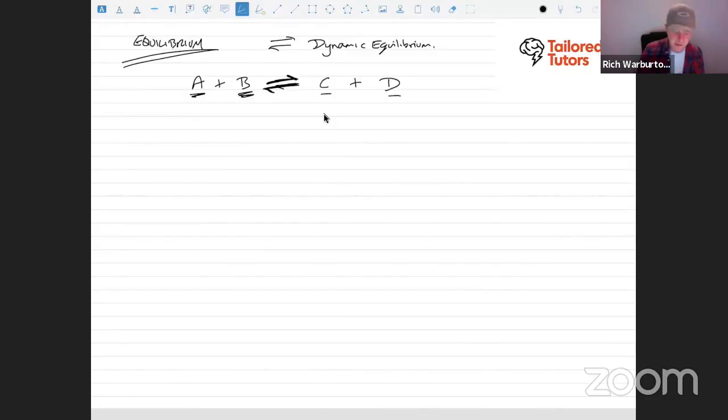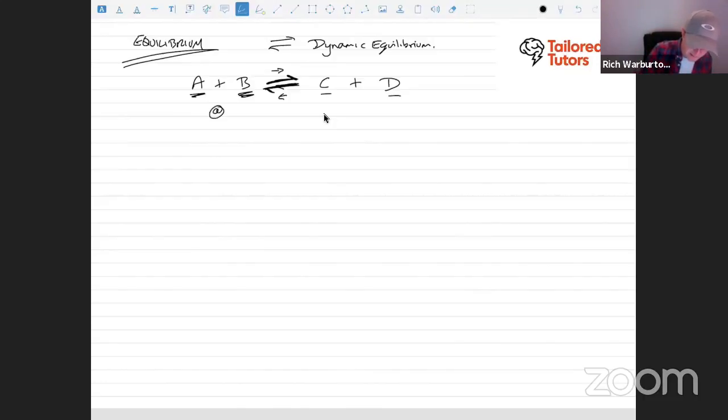Now, maybe to start with, this forward reaction has a faster rate than the reverse reaction, but it gets to a point where both of those reaction rates end up being exactly the same. So a dynamic equilibrium is set up.